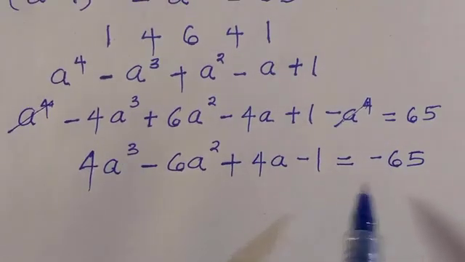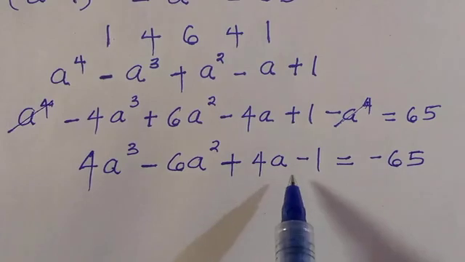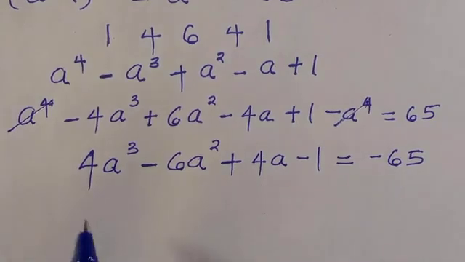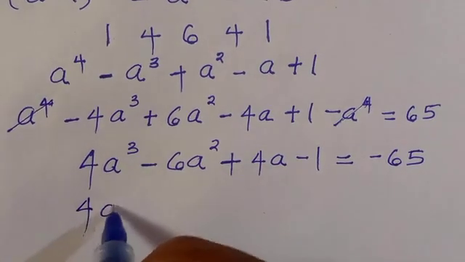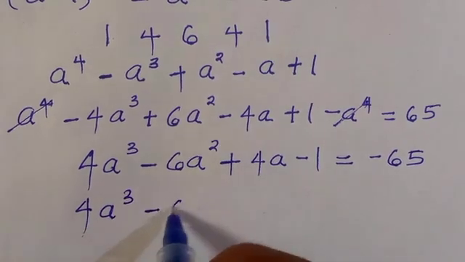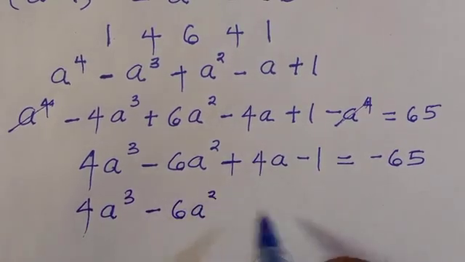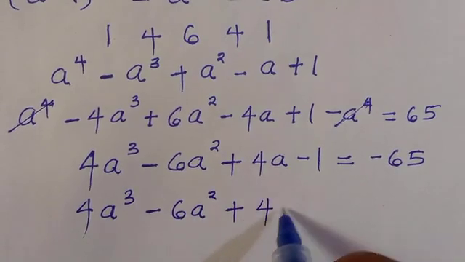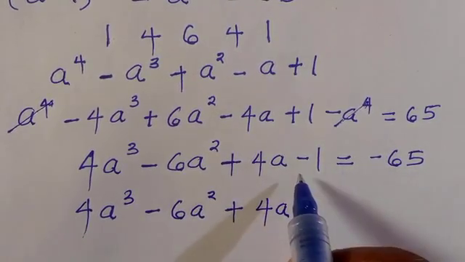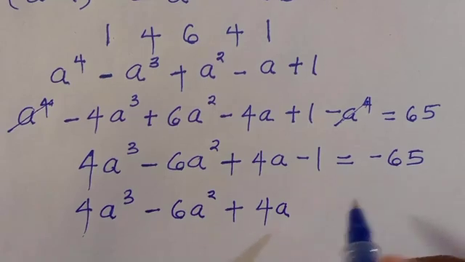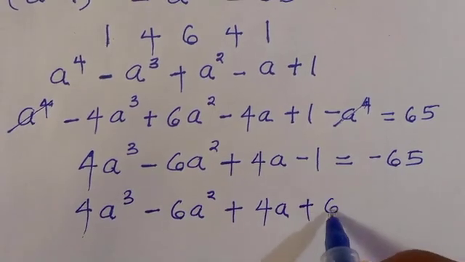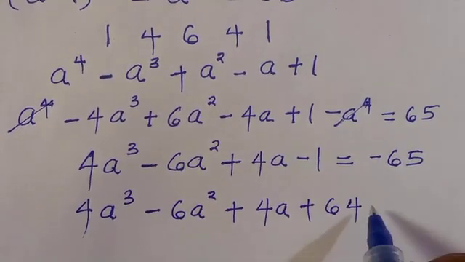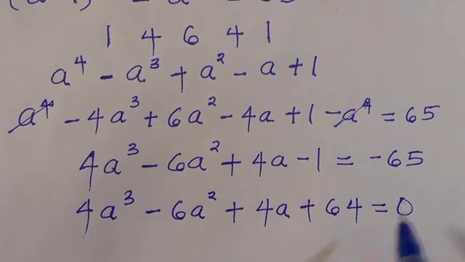And we transfer this negative 65 to this side, and we are going to have 4a^3 minus 6a^2 plus 4a, and when this comes here it becomes plus, then minus 1 plus 65, that gives plus 64, then equals 0.